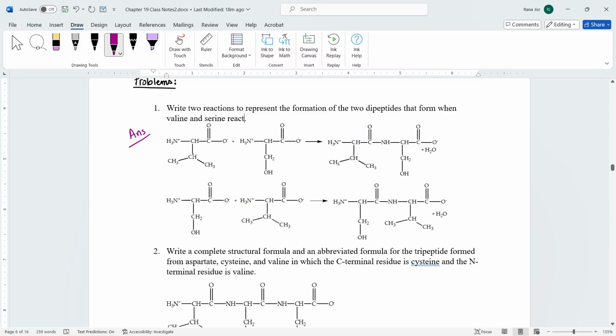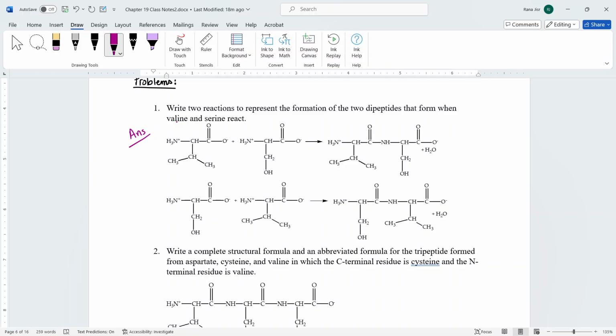So all you need to do is just go to the table and check the structure for valine and serine. Now, they did not indicate the sequence of the dipeptide that I need to form. So I can do valine, serine, or serine, valine. Okay, so I'm going to end up getting 2 dipeptides as the question is saying.